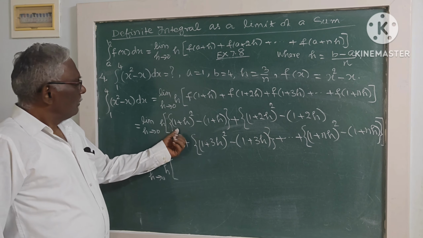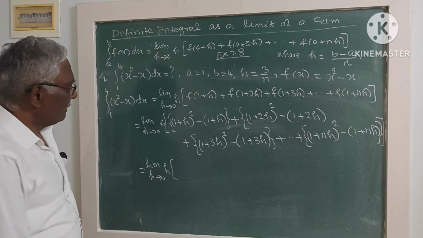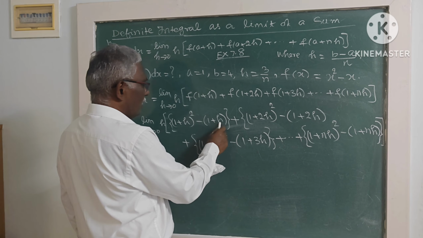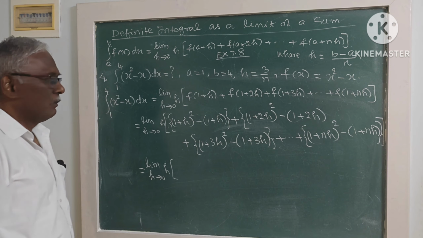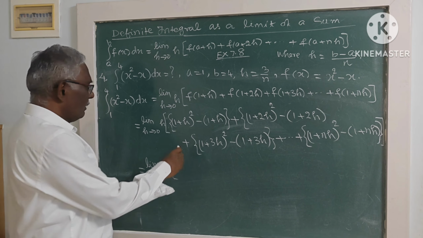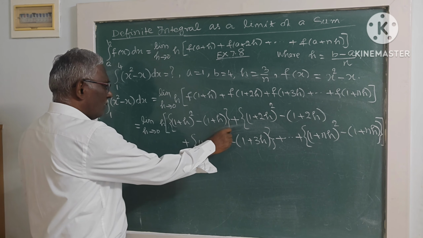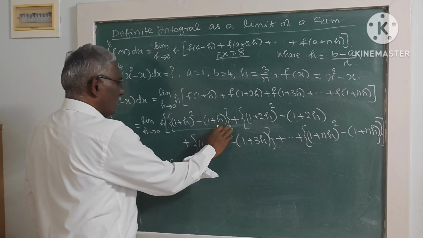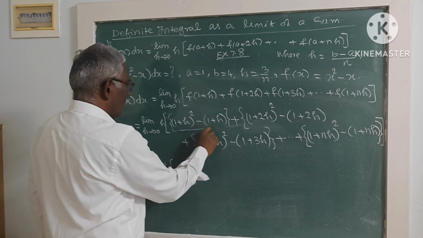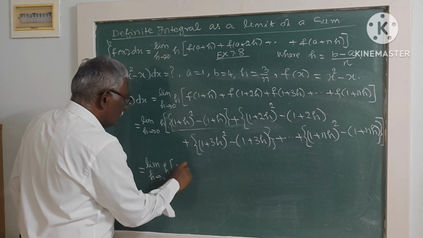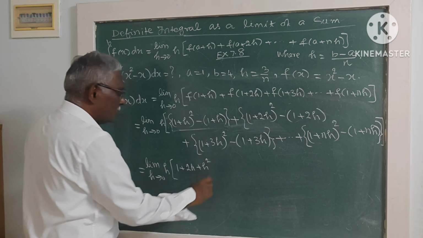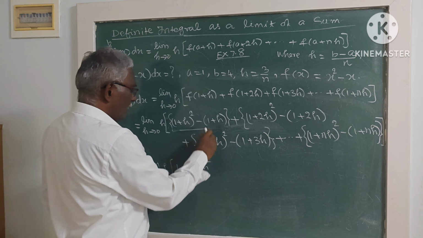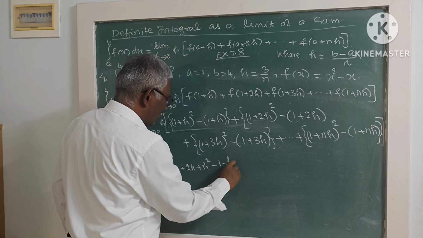Now because (1+h)² is there, and minus of (1+h)... (1+2h)² is a minus 1 of (1+2h), like that. So we will expand this. We will simplify this term. 1 plus 2h plus h square, then minus 1 minus h.